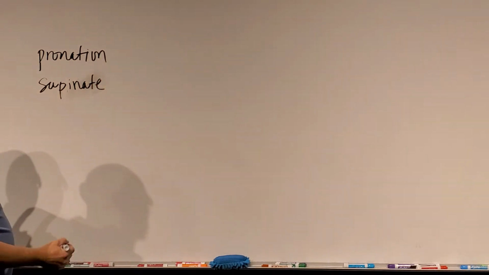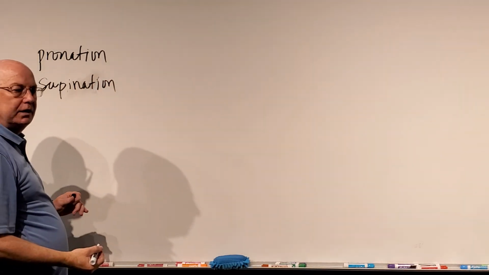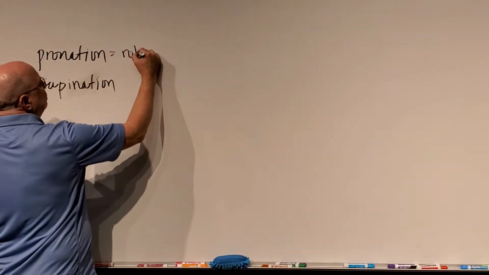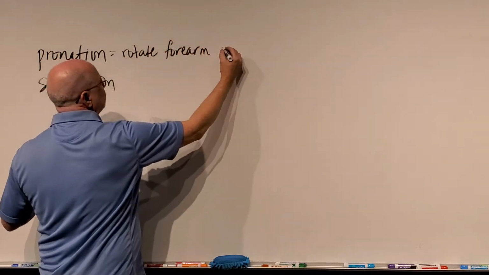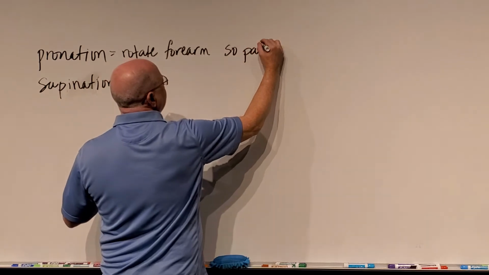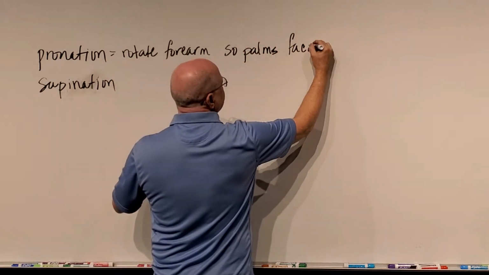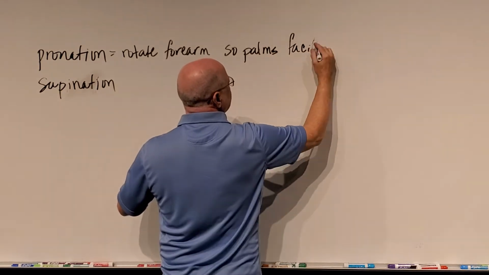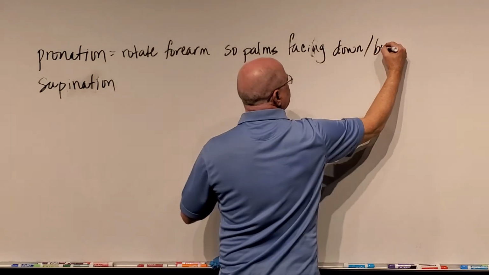To supinate or supination are the exact opposites. Okay? So pronation means to rotate the forearm so your palms, the palms of your hands, are facing down or backwards.